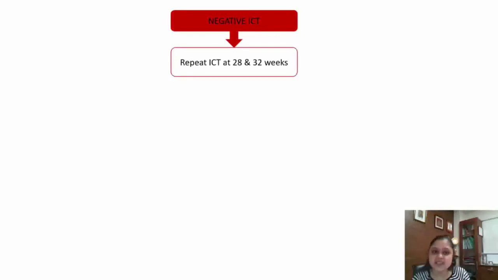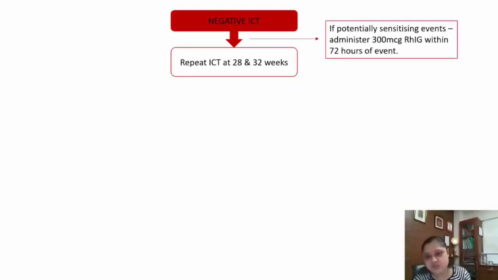Now, what to do in cases where ICT is negative? Then we are supposed to repeat the ICT at 28 to 38 weeks. And if in between any potentially sensitizing events occur, like any sort of maternal bleeding, or any sort of invasive procedure she has undergone which poses her at risk of fetomaternal hemorrhage, then in such cases we should administer the Rh immunoglobulin within 72 hours of that event.